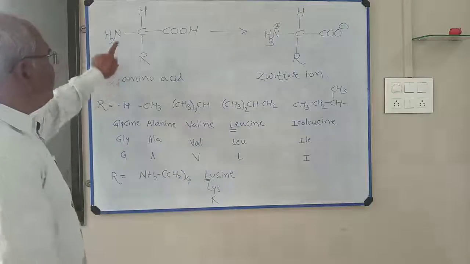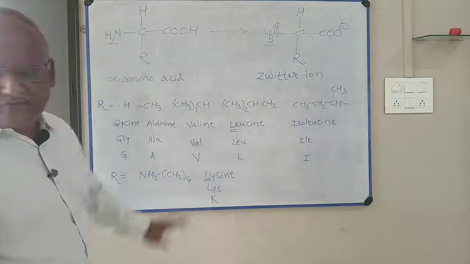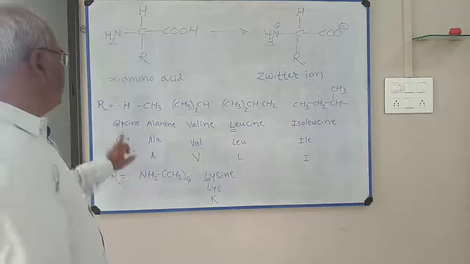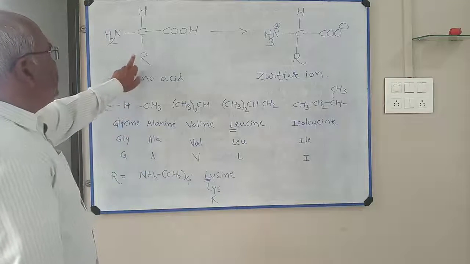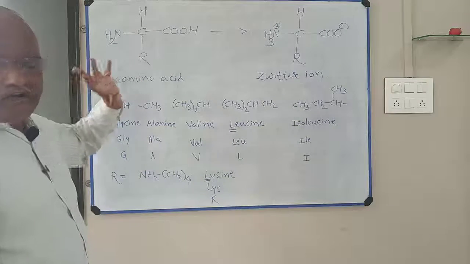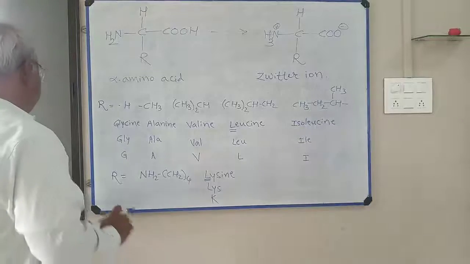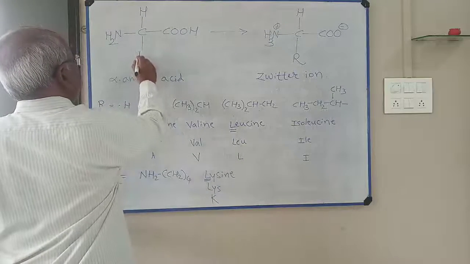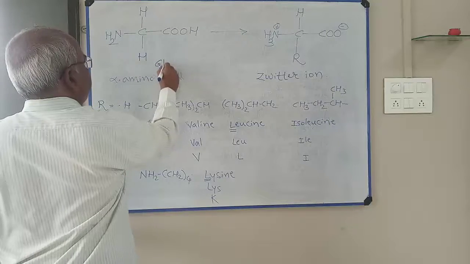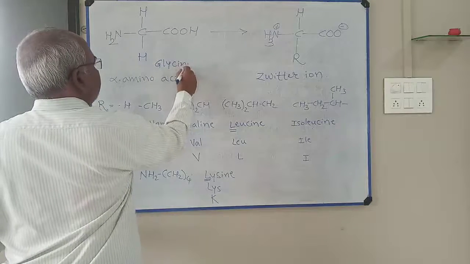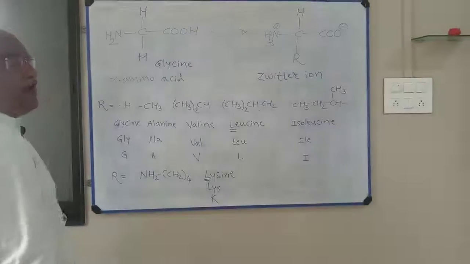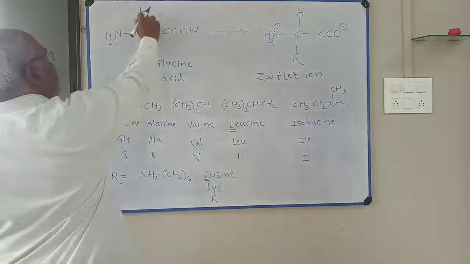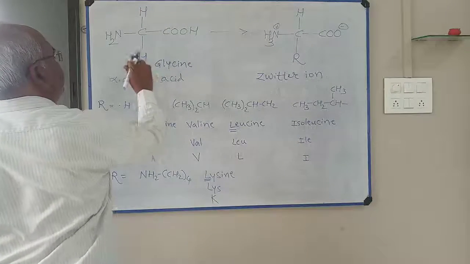When R is equal to hydrogen, then it is called glycine, and this is not optically active because here is hydrogen, here is hydrogen.